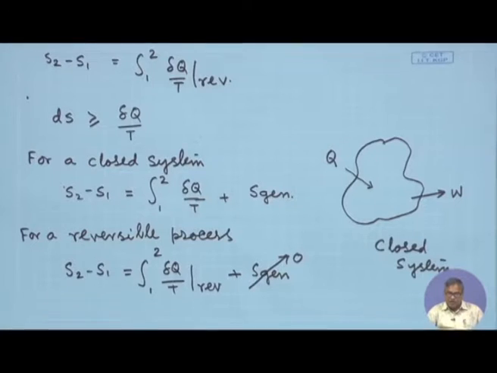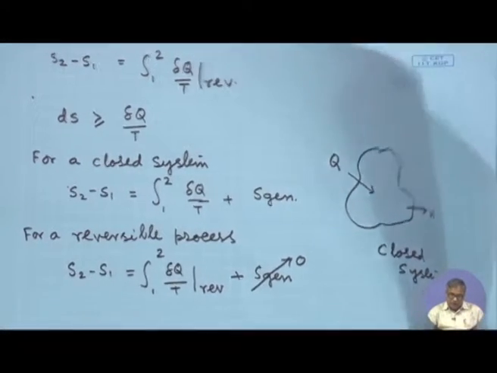If it is an irreversible process, there will be some entropy generation, and the causes of irreversibility I have already discussed. If those causes are there, there will be some entropy generated. So, what have we got? Let us say there is an isolated system.